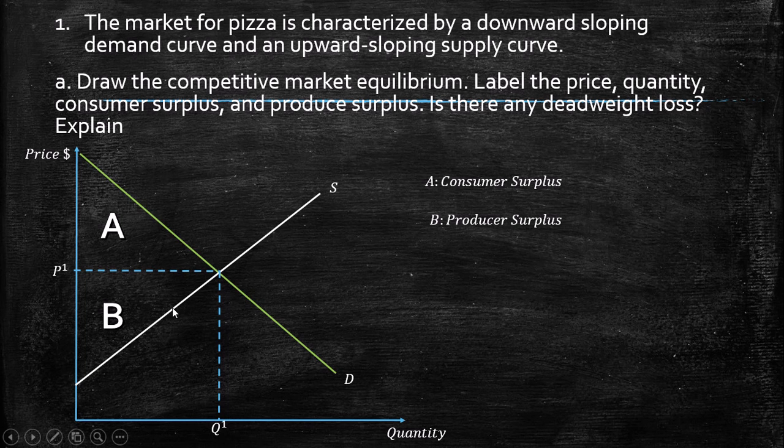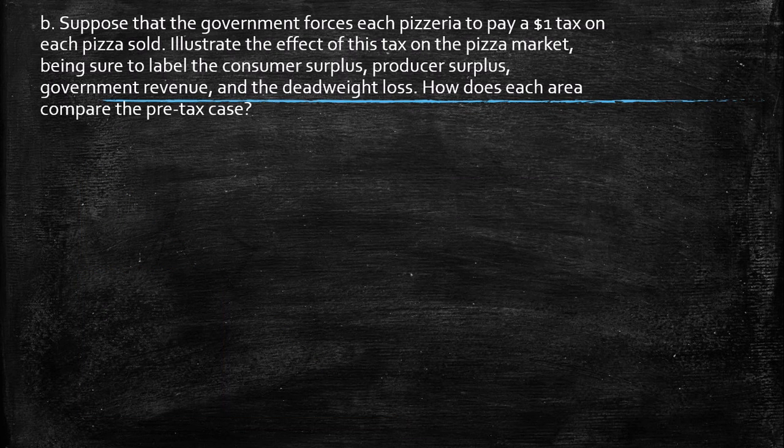But these companies don't have to sell at that price because the market gives a higher price. So this B is the measure of the welfare of the producer, which is considered the producer surplus.